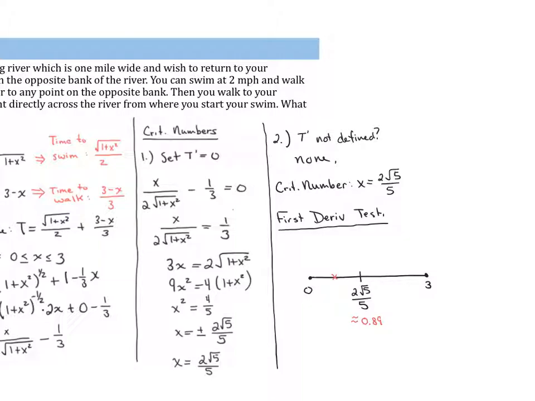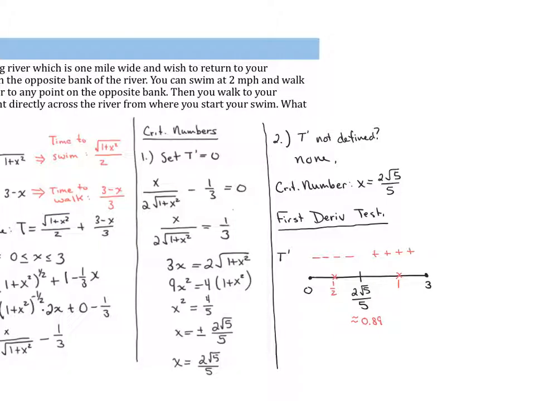So if I choose a value to the left, I can choose a number, say, like 1/2. And to the right, I can choose maybe a cleaner number like just 1. I'm going to substitute these, of course, into the first derivative. If we put 1/2 into our first derivative, we obtain a negative number. If we put positive 1 in, we obtain a positive number.